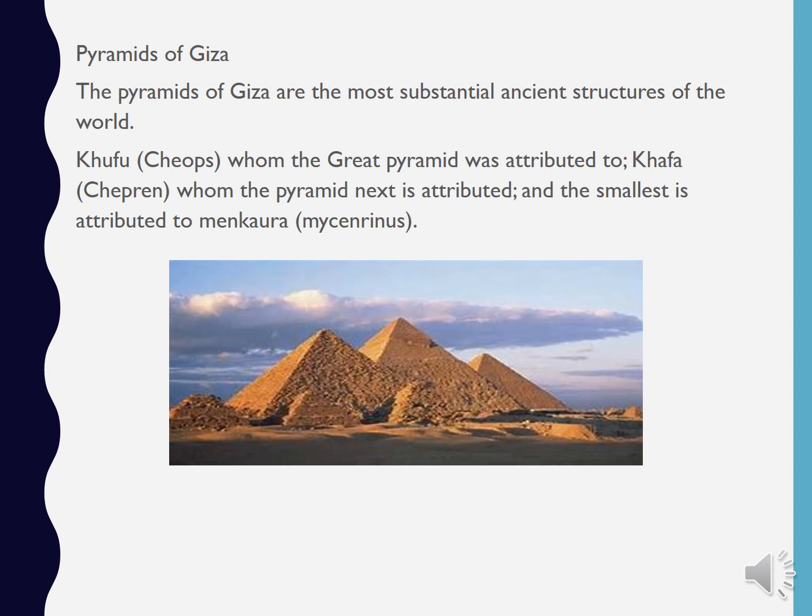Next is the Pyramids of Giza. The pyramids of Giza are the most substantial ancient structures of the world. Khufu or Cheops, to whom the Great Pyramid is attributed; Khafre or Chephren, to whom the next pyramid is attributed; and the smallest is attributed to Menkaure or Mycerinus. So these are examples of the pyramids of Giza.